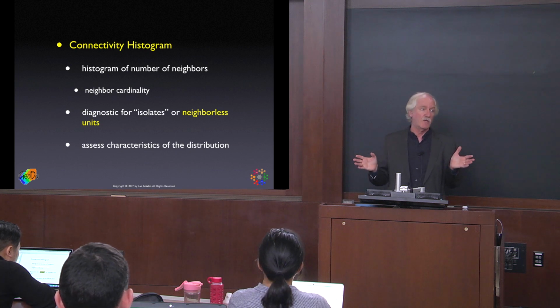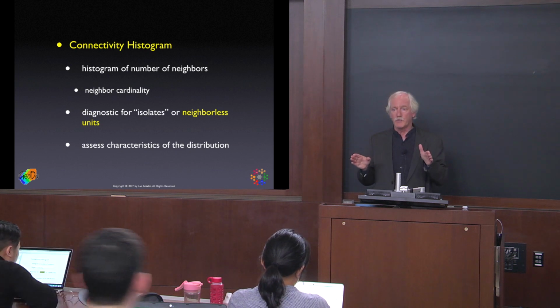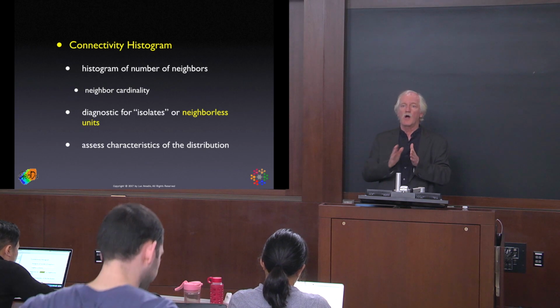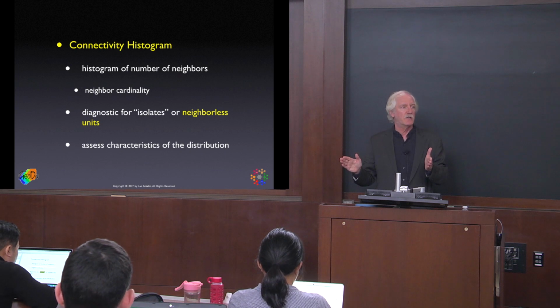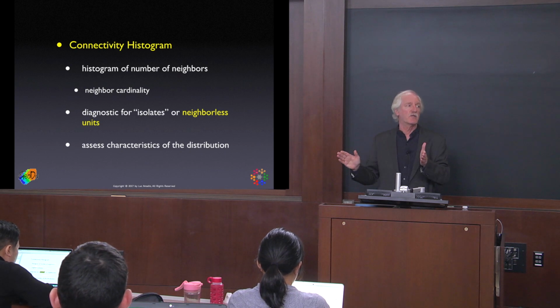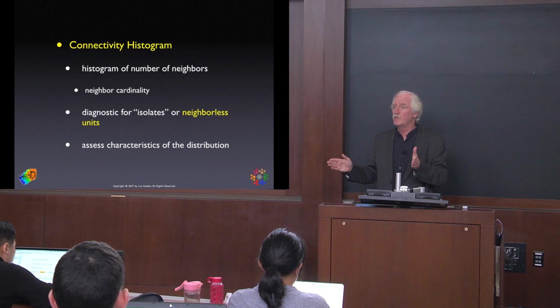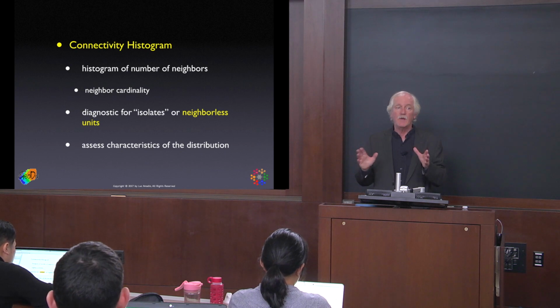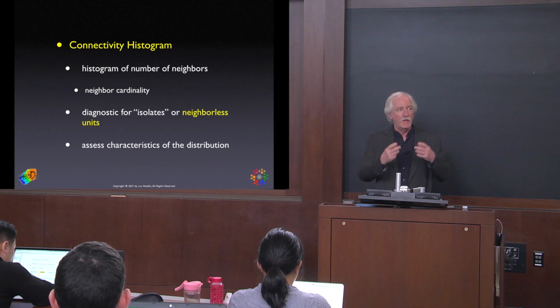They're not interacting with anything. They're not part of that game. So for all practical purposes, those observations are removed from any model for spatial interaction or any test for spatial autocorrelation and so on. Does that mean you have to remove them from the analysis? Well, not necessarily, because they're still there. They're only not interacting.